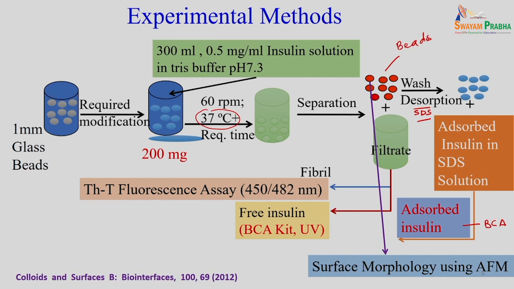These are the different methodologies used for studying the aggregation behavior of insulin in the presence of different surfaces. To avoid the effect of bulk, the experiment was performed at pH 7.3 and temperature 37 degrees centigrade.